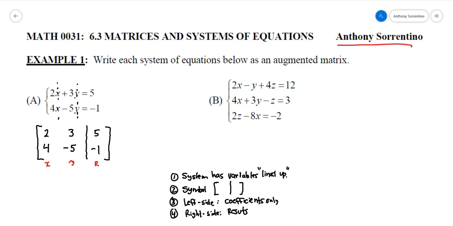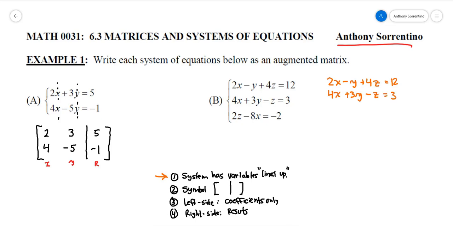For part B, one of the things again to pay attention to is the very first thing. You have to make sure that your system of equations is lined up. So I want to have an X, a Y, and a Z column, so I want to be able to see them. This one has them in this order, and so does the second one. I have my x term, my y term, and my z term.